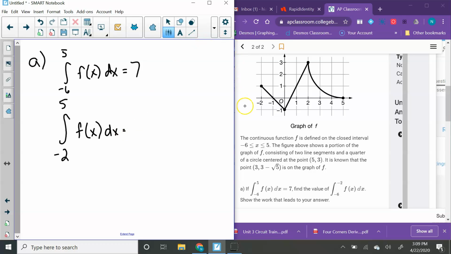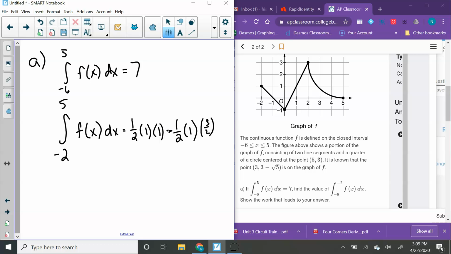So the first little part that we have is this little tiny triangle right here that's positive. So that's going to be 1/2 times 1 times 1. And then we're going to have this little negative portion right here. And so that is going to be negative 1/2 times 1 times 1.5. I'm going to write that as 3/2 there.